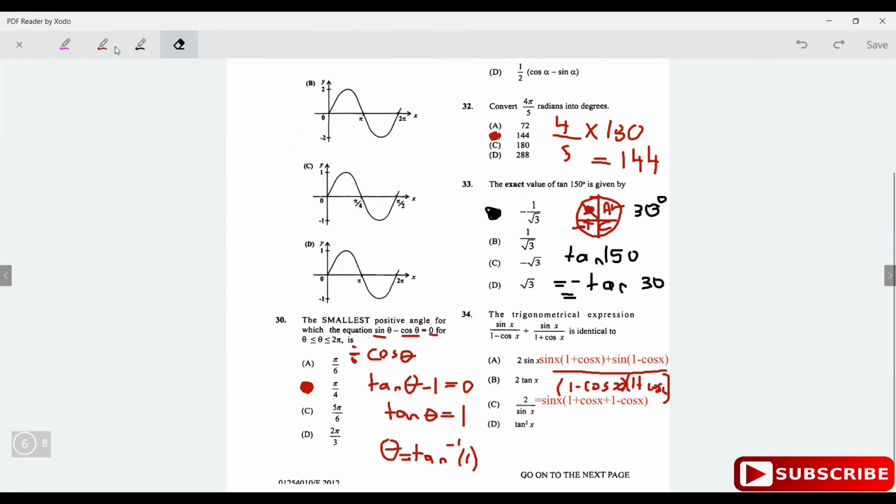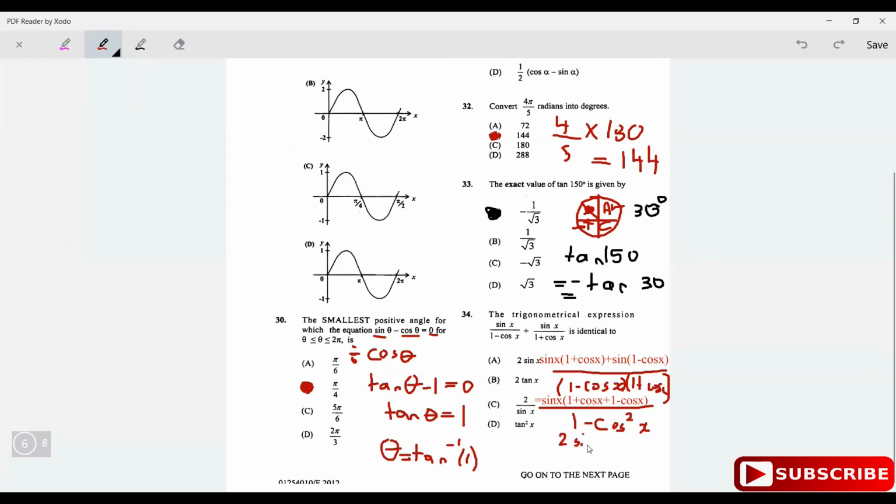Now, look what is going to happen in the denominator. 1 minus cos x times 1 plus cos x is 1 minus cos squared, because it becomes a difference of 2 squares. Now 1 plus 1 becomes 2, cos x minus cos x cancel, and so the numerator becomes 2 sin x.